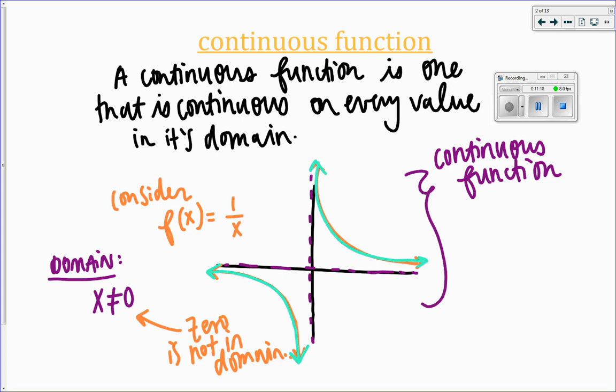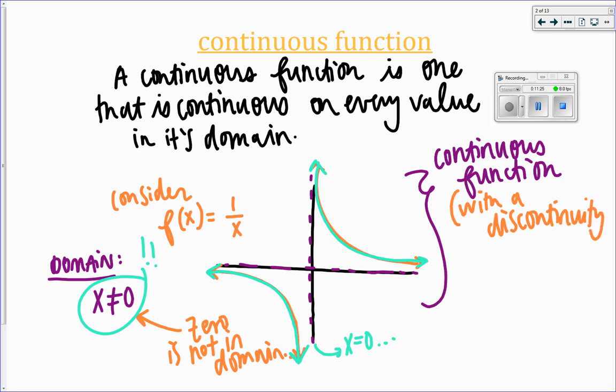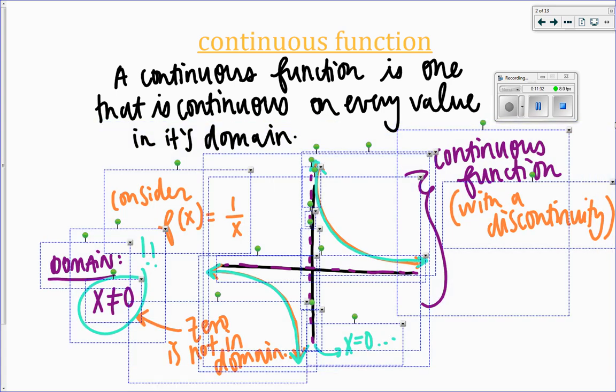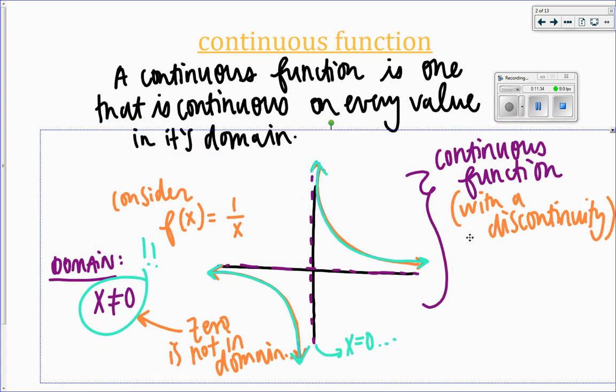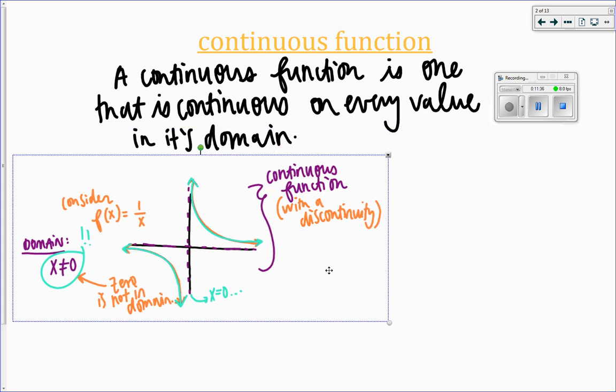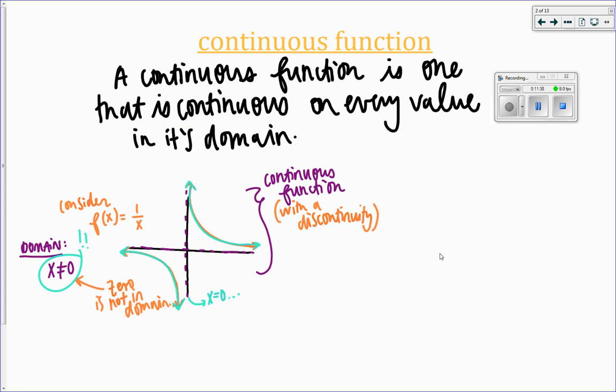There is this asymptote at x equals 0, but because it's not in the domain, it's actually considered a continuous function with a discontinuity. Strange idea, I realize it. You might be thinking, well, what the heck? This is really weird. It is. Calculus ideas are a little weird, but it's also kind of cool.